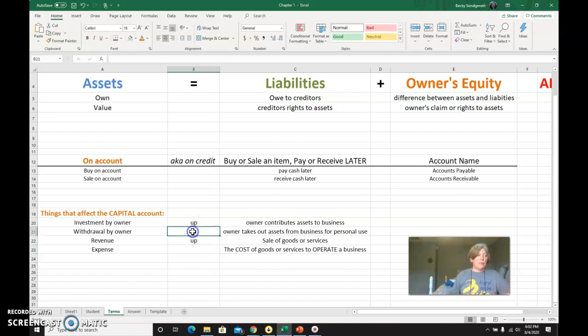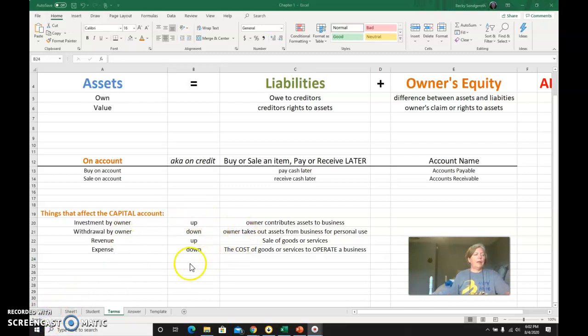And then the opposite is true of the other two. Down and down for this, or decrease, increase, whatever you want to say. But expenses, costs of doing business, that's not a great thing for a business. We don't like expenses. So it makes capital go down, and that claim by the owner is going to go down.